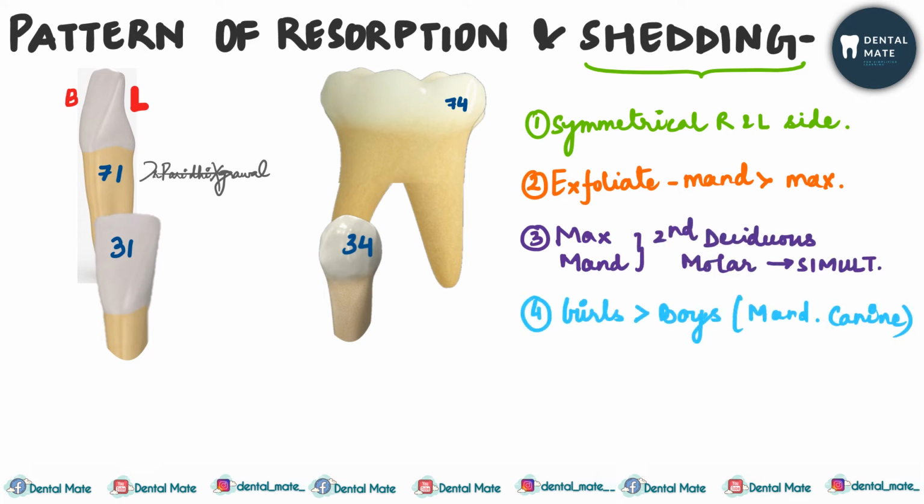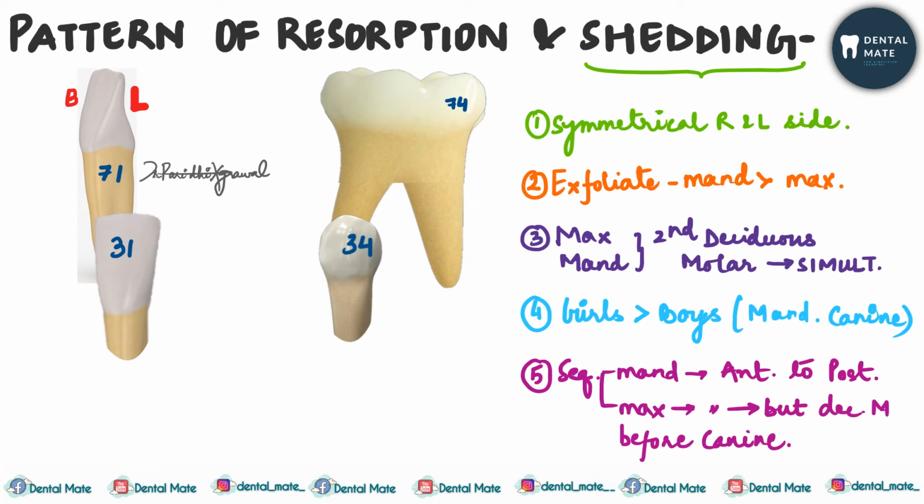Along with that, the girls exfoliate teeth earlier than the boys, and it is most observable in the mandibular canine. The sequence of shedding is anterior to posterior in the mandible, and in the maxilla also it is anterior to posterior, but the deciduous molars shed before the canine.